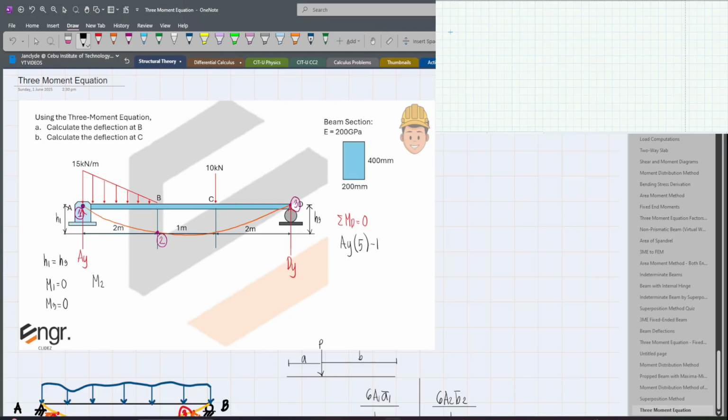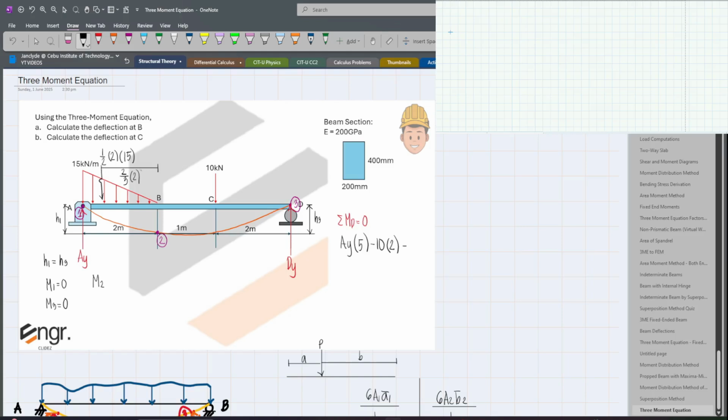Then, minus 10, since this will cause a counterclockwise rotation, then our moment arm is 2 meters. Then, we have minus the resultant of the triangular load. So, this is 1/2 times the base multiplied by the height. Ito yung resultant load. Tas, yung distance na to, patungo sa point B, this is 2/3 of the base, which is 2.